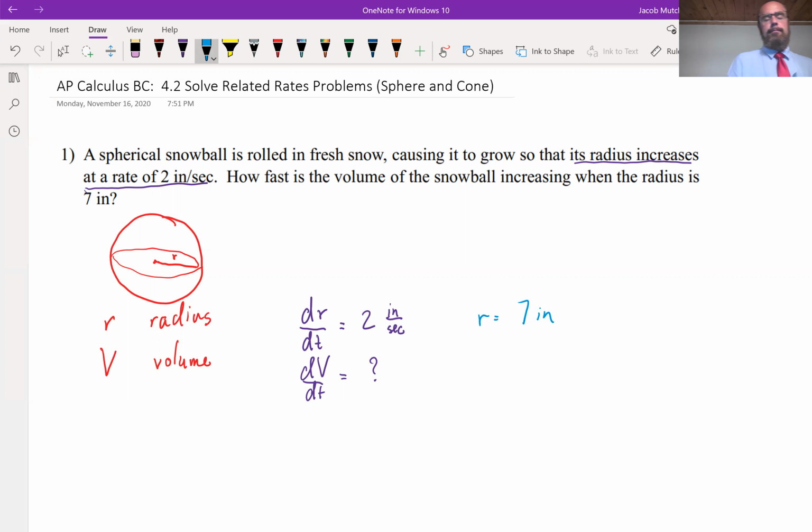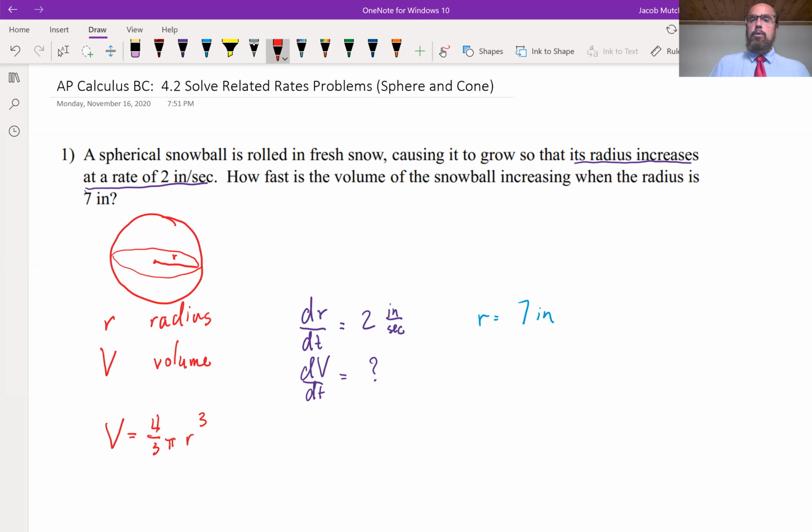Now I've got my variables, I've got my rates, and I've got my specific data all organized and written out. I want to find an equation that will relate my two variables, the volume and the radius. And we don't have to look far in geometry to find Archimedes' famous equation. The volume of a sphere is 4/3 pi times the radius cubed.